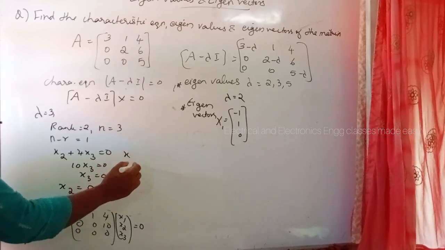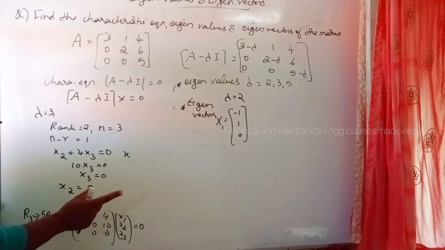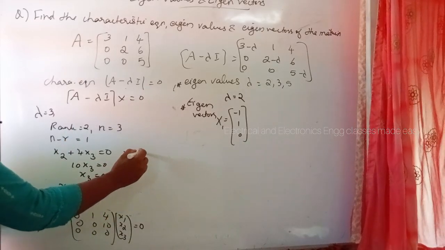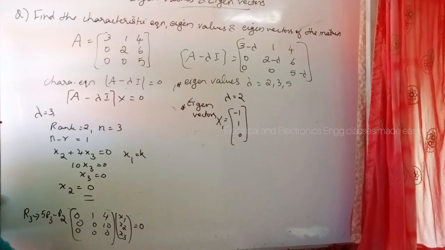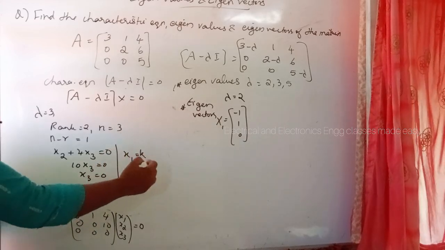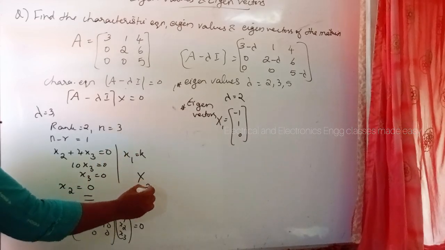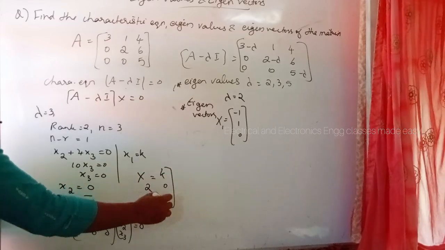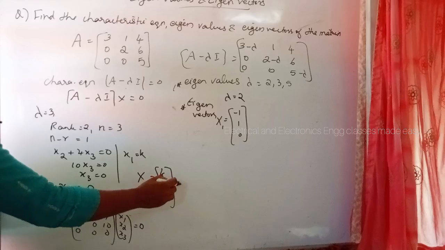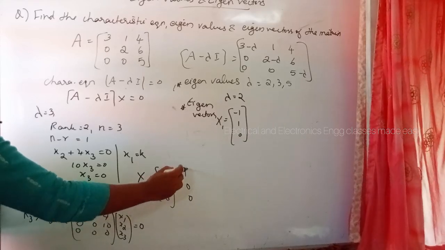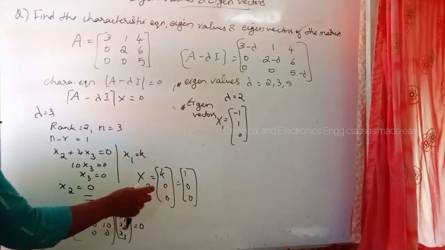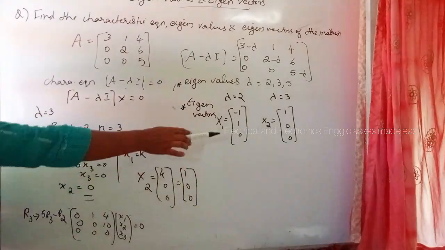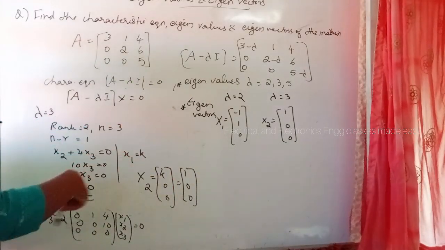And let us assume one variable. So let x1 is equal to k. So here we will get the eigenvectors as k, 0, 0, that is if k is equal to 1 we can write 1, 0, 0. So this is the eigenvector corresponding to lambda equal to 3. So x2 is equal to 1, 0, 0.